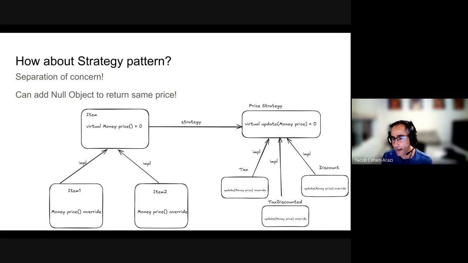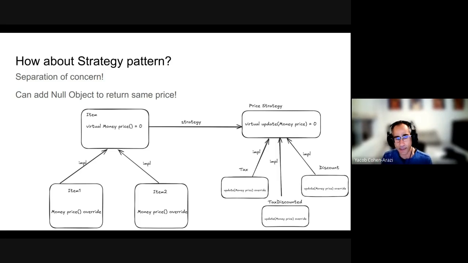What happens if you don't want any manipulation on the price? You end up with the null object pattern, which is a very common plugin to the strategy pattern.